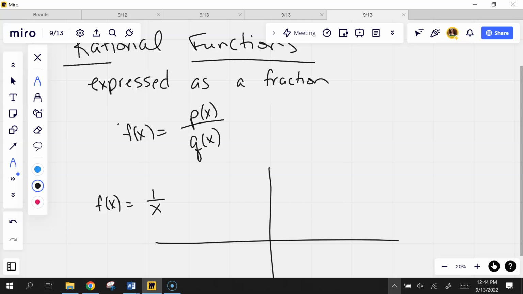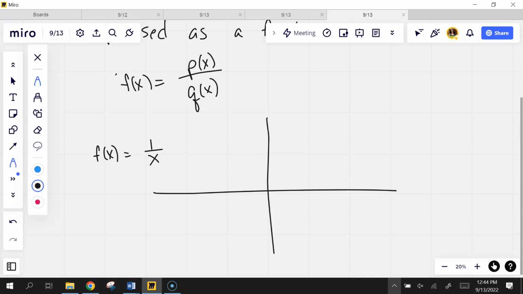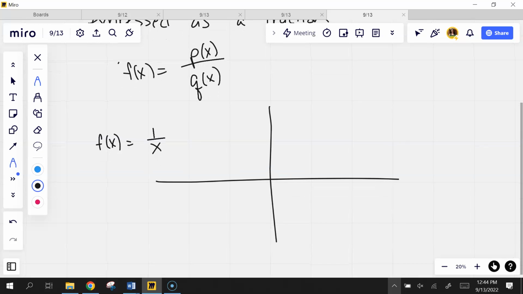What does the reciprocal function look like? You're exactly right, Jackson.